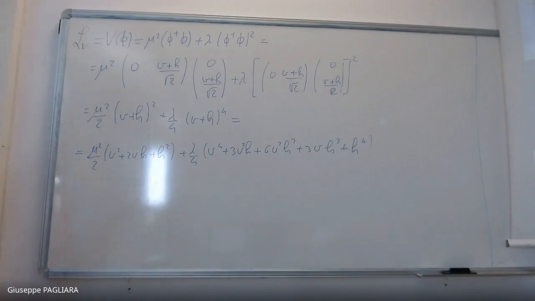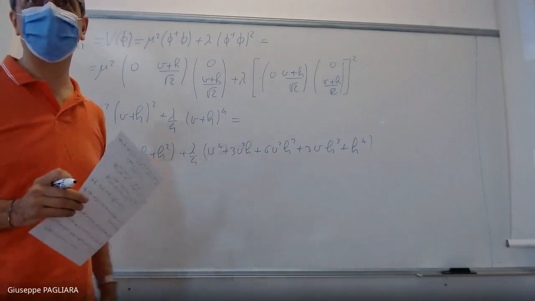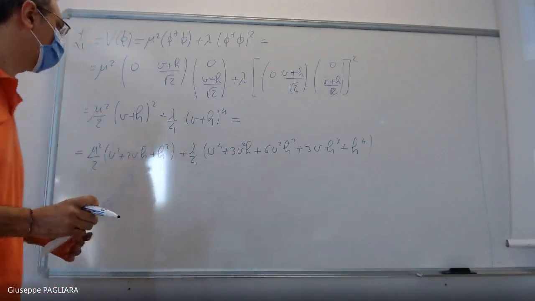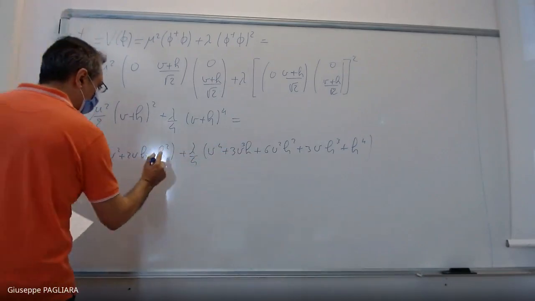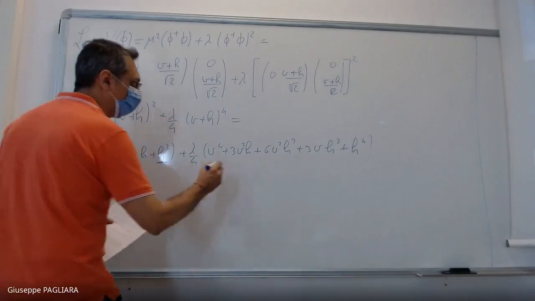So the scope of our game is to find the mass term of the Higgs boson. So we are only interested in the quadratic terms in the Higgs field. For the rest we don't care. So one is here, and the other is here.